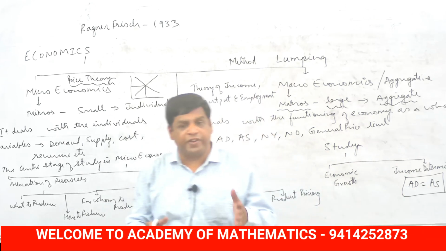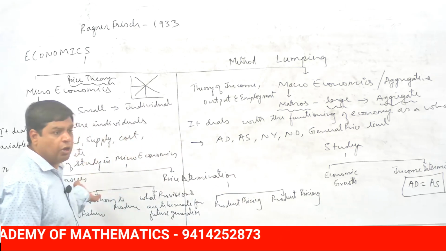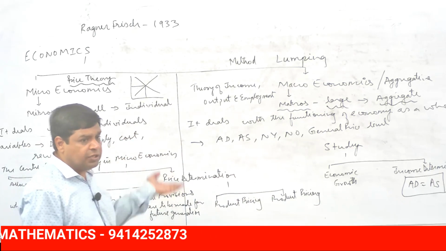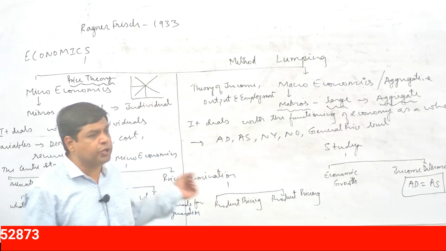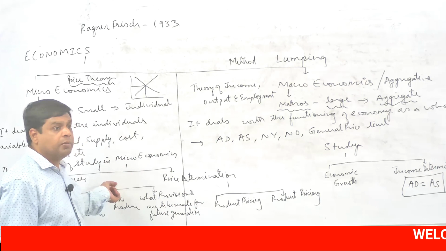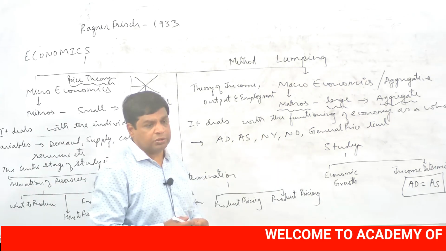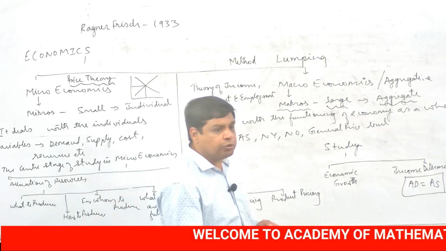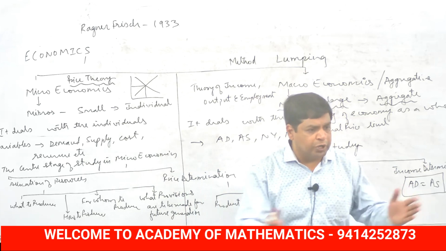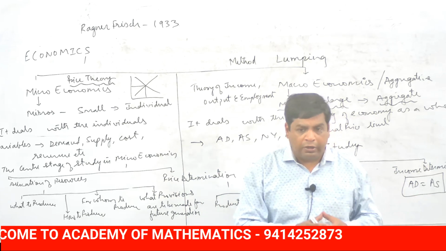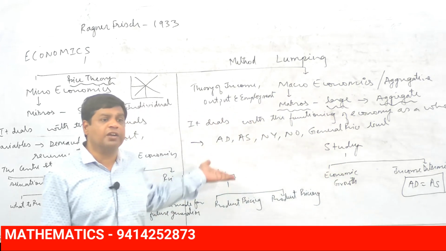But students, there is a difference in aggregation. We know that there is also a study of aggregates in microeconomics, but there is a difference in aggregation, students. See, the microeconomics aggregation is related to a particular firm or particular industry, but macroeconomics aggregation is related to the country, students. If you are studying market demand, it is related to a particular firm's demand, or the demand of some particular consumers. But if you are discussing aggregate demand, it is at the country level, students.